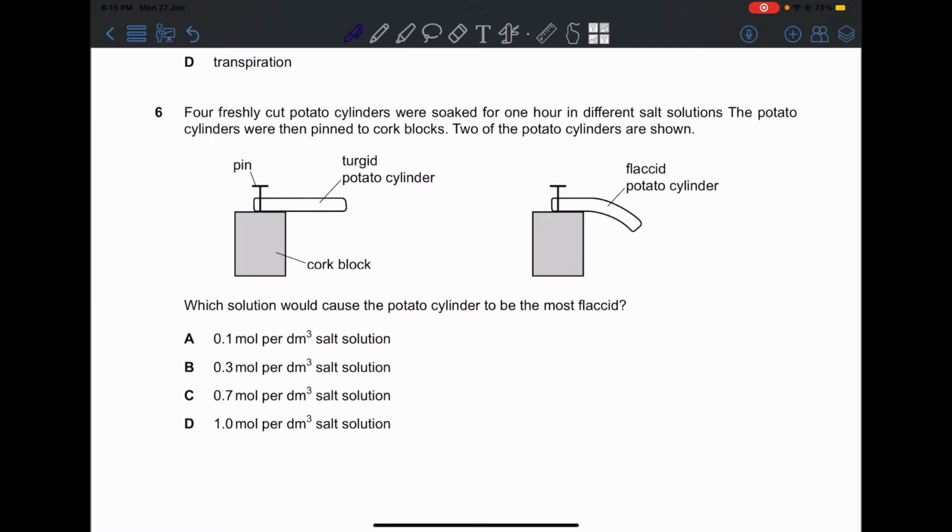So we can choose one of the most concentrated solutions, so that water moves from higher water potential to lower water potential, or higher concentration. So we're going to choose the one with the most salt solution, because this is going to be the most concentrated, and this is D because it contains the most salt. If it contains more salt, then more water will get out of the cell. They're asking about the most flaccid, so our answer is going to be D.